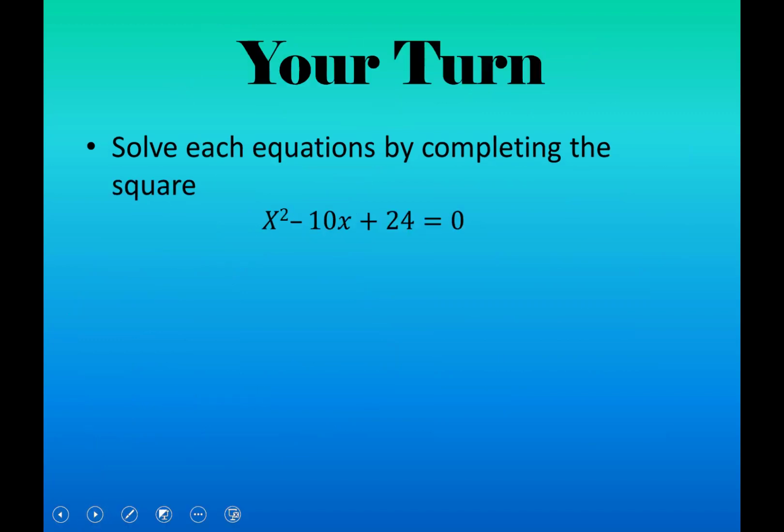So let's try another problem. Let's see if it's a perfect trinomial. Half of 24 is 12. No, didn't work. So now I'm going to do it by completing the square. Subtract 24 from both sides. You have x squared minus 10x plus something equals negative 24. Now, half of 10 is 5. 5 squared is 25.